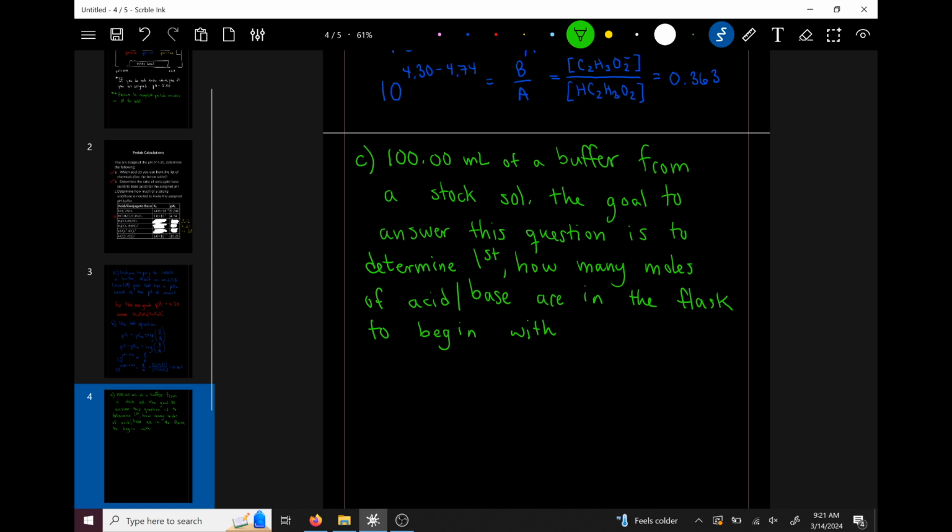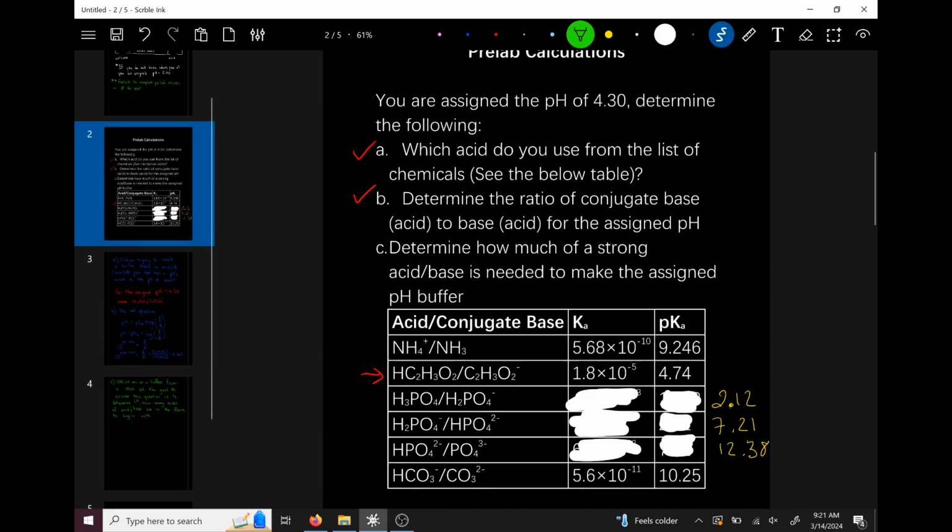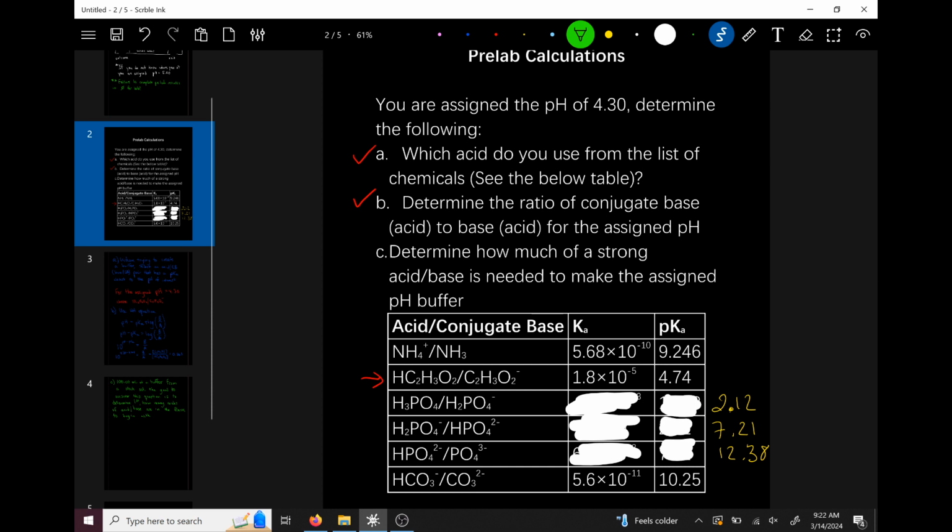As an example here, my buffer has a pair of acetic acid and acetate ion. So I'm going to go into the laboratory to try and find either the acetic acid to place in my flask or the acetate ion to place in my flask.